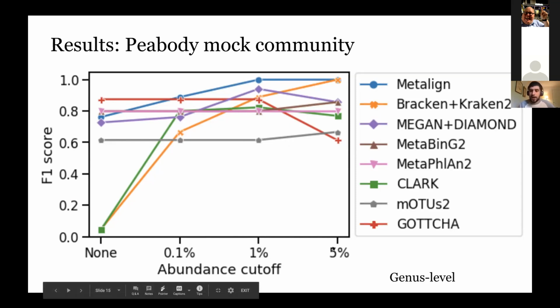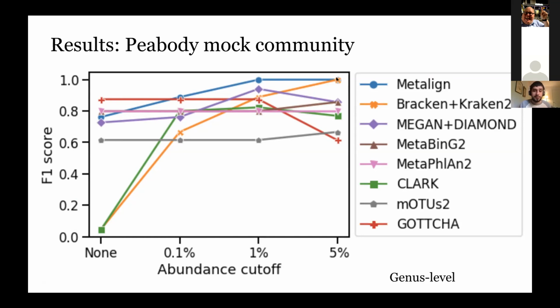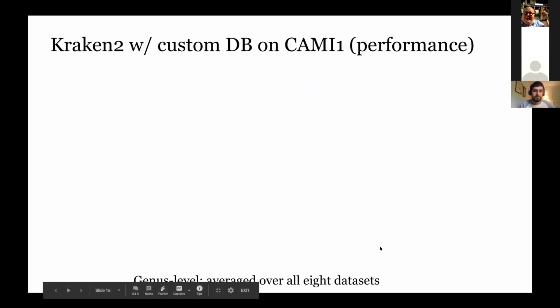These values are higher here because there's only, I think, 8 or 9 genera in this data set. Bracken actually also achieves a perfect F1 score at 5% abundance cutoff threshold, but it's more sensitive to that parameter. Okay, and this is at the genus level again.